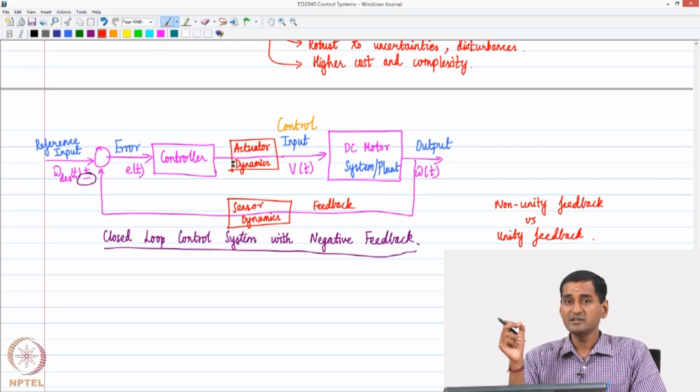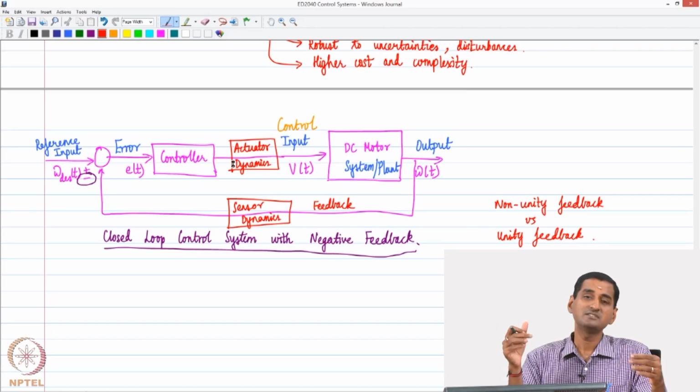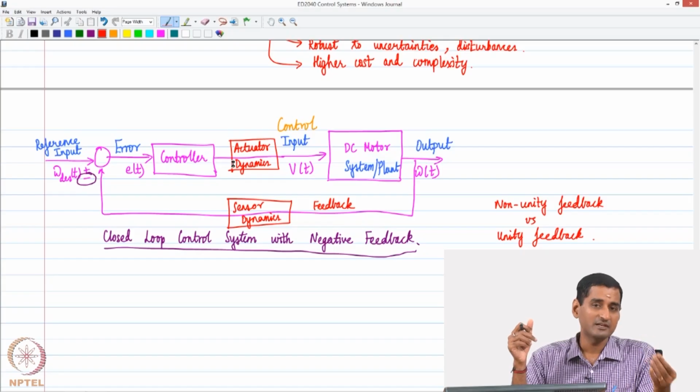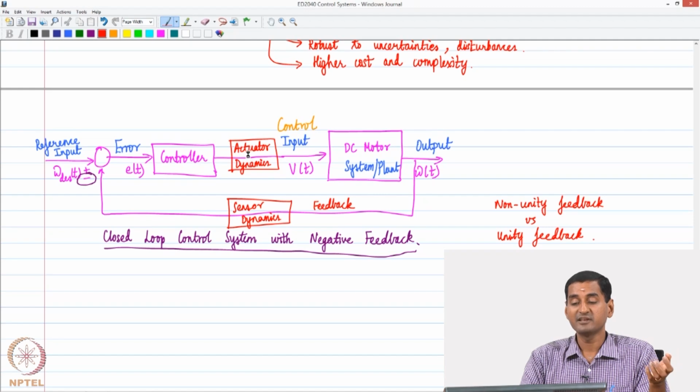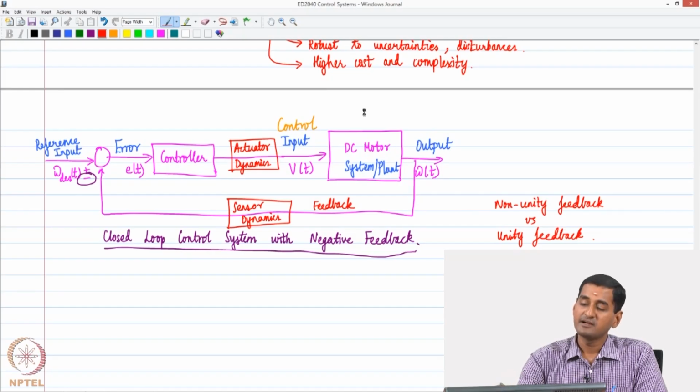So the controller may say provide 10 newtons at this instant of time, but then there may be a small response time before the 10 newtons is actually realized in practice through the electric motor and drive system, right. So if that is important, then we need to figure in what is called actuator dynamics in the design process, okay. And sometimes we can have disturbances coming into the system, right.